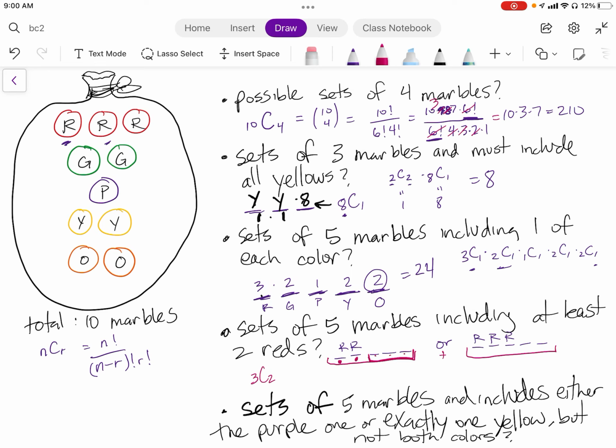Well, there are no restrictions, right? Except I don't want that last red. Don't count that last red, because otherwise I'm at this other scenario. So we have 3 choose 2. And then out of the remaining 7 non-reds, I need to choose 3, right, to fill those in. So these are our reds, these are our non-reds.